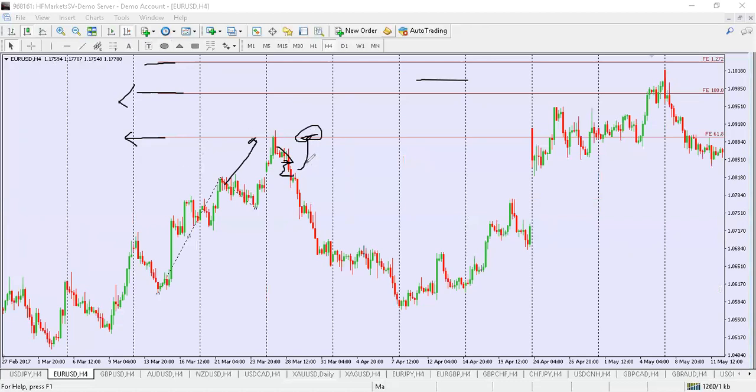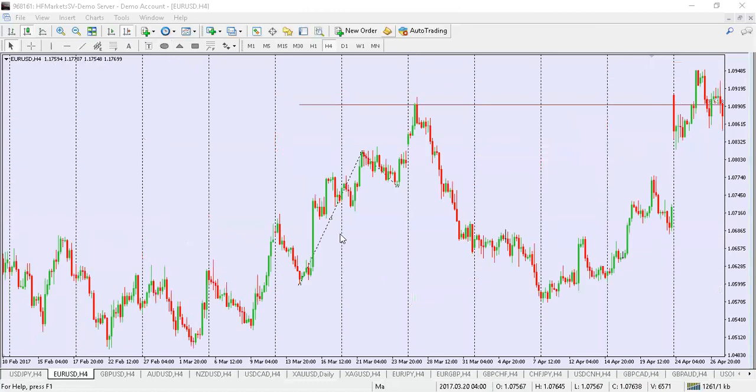So once you take your profit, you wait for a new one. Remember, you need to know whether you are in an uptrend or a downtrend. So once we're in an uptrend like this, at the beginning, we caught this right at the beginning, so we made some profit out of it.